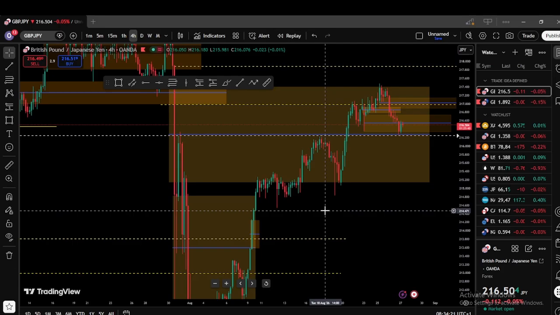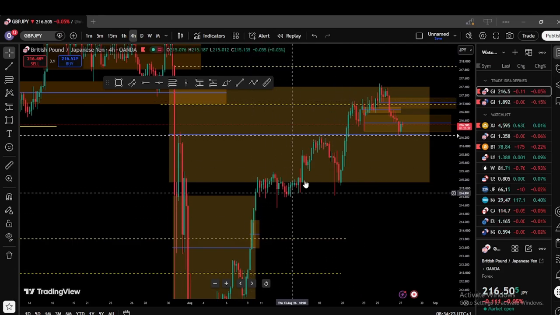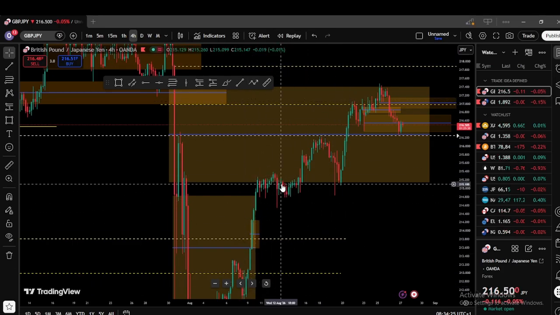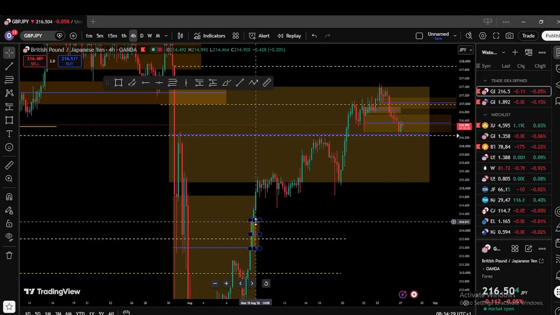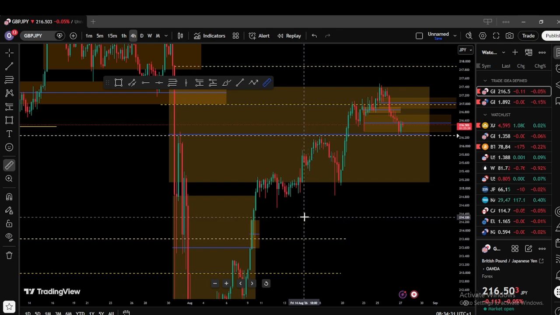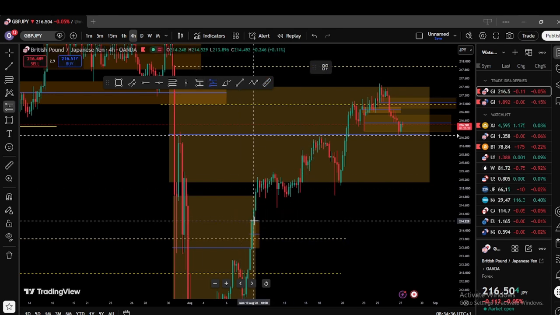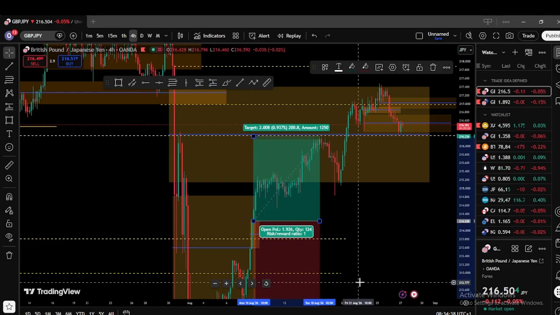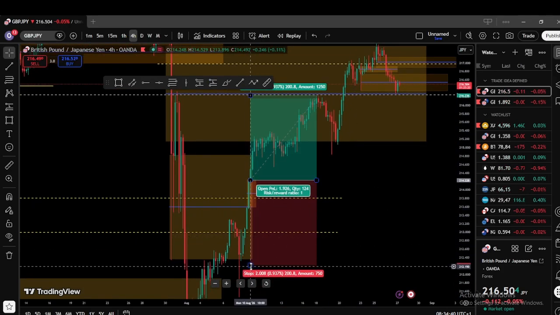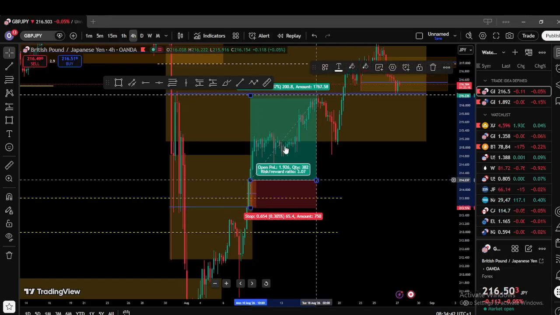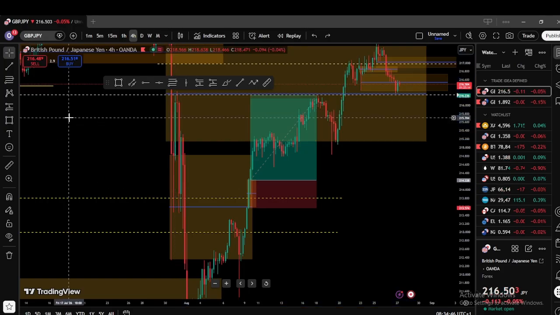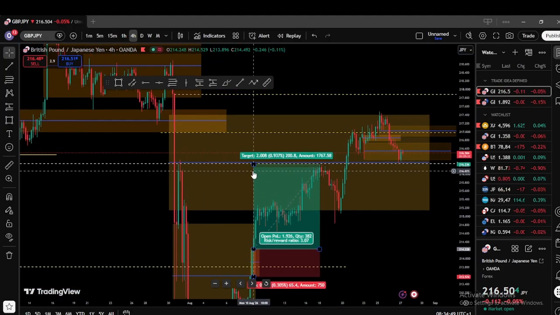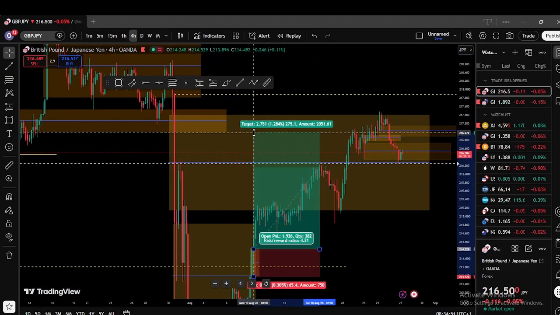You understand? So I could have gotten this full, not from the low, no, but from this point of buyers that I had. From this point of buyers, I had a long trade upon the close of this candle right here, the stop loss right here, and then the target right here.